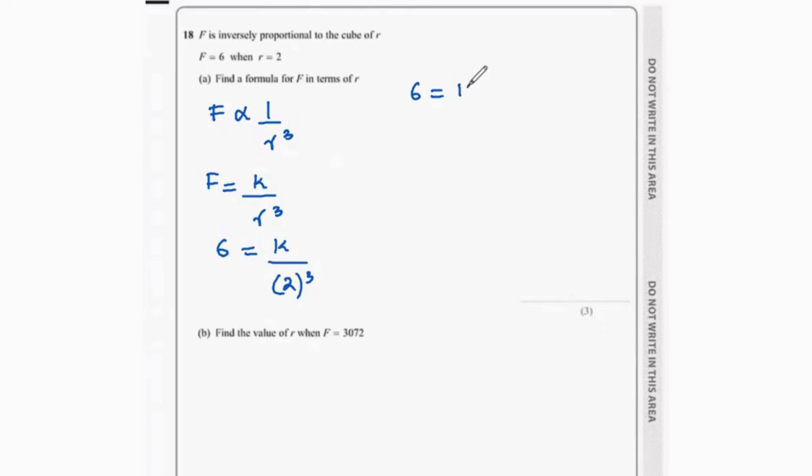So 6 equals k over 8. 6 times 8 is k, which is 48. So f equals 48 divided by r cubed. This is your correct formula. Then find the value of r when f is 3072.